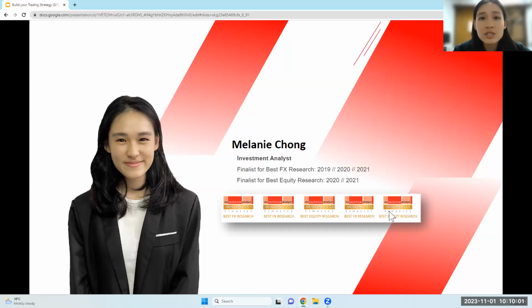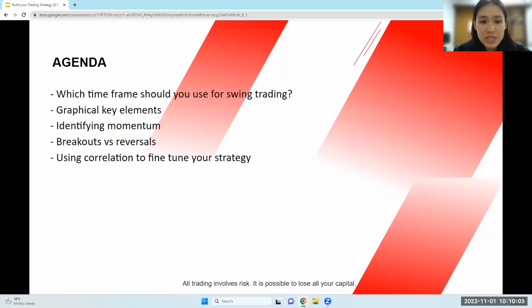So here is our agenda for today. Firstly, we'll go through which timeframes you should use for swing trading. Then we'll look at some graphical key elements, followed by identifying momentum. This will be pretty similar to last week's momentum, where we talked a bit about the different indicators that you can use to identify the momentum.